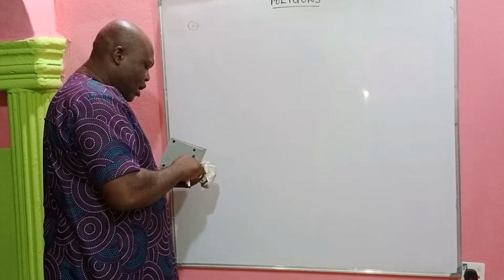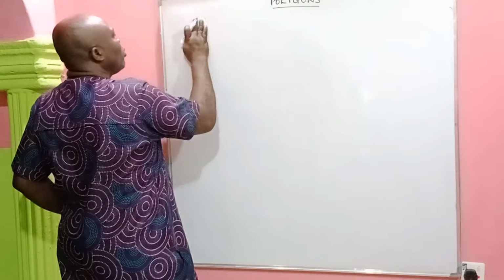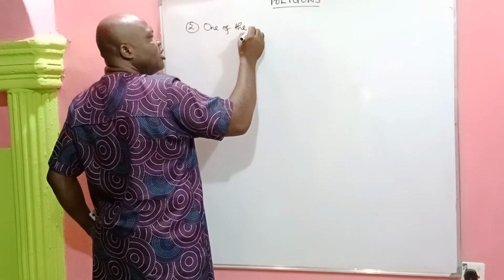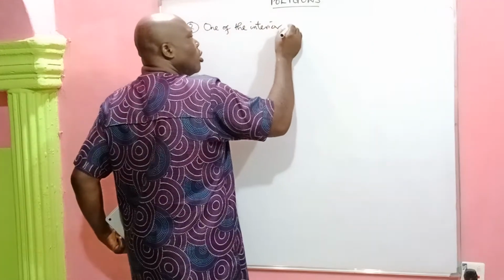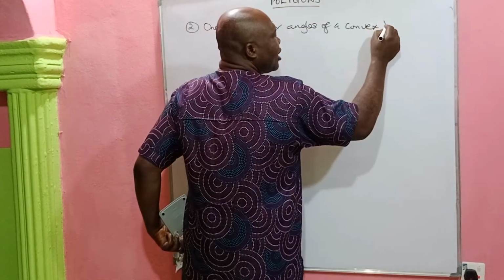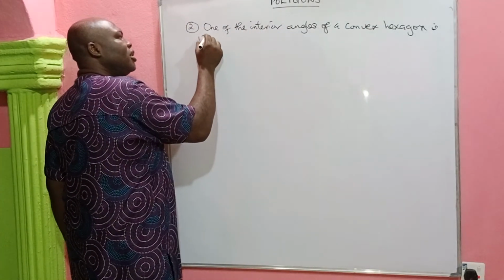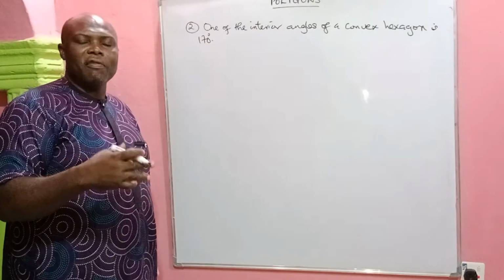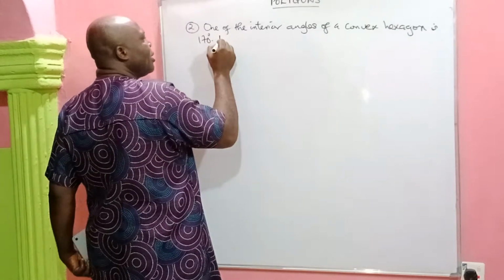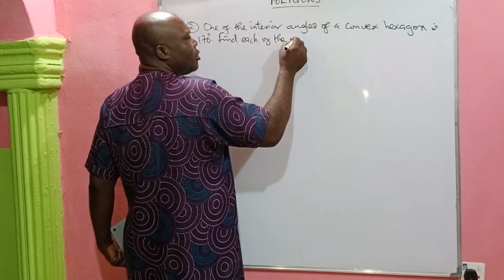Number 2: one of the interior angles of a convex hexagon is 170 degrees. Now they say we should find each of the remaining angles.